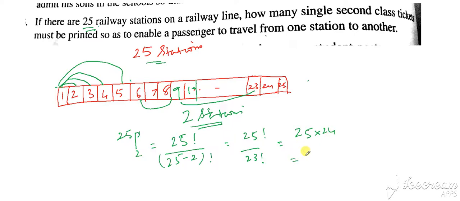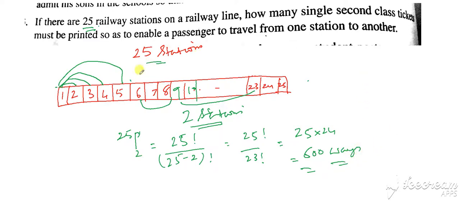That is equal to how much? 600. So 600 ways means we have to print 600 tickets.